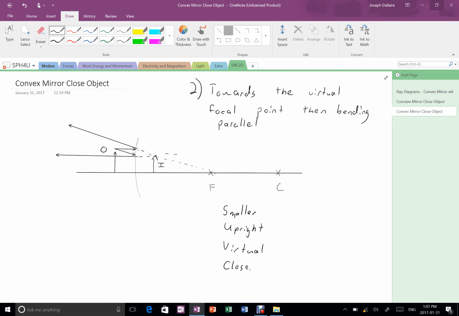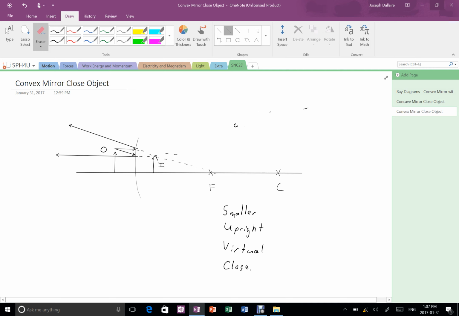I'm just going to do that third ray to make sure that it agrees with this, and then we'll be done. So remember, the third ray heads towards the center of the mirror, and as a result bounces back right along the path that it came in on.